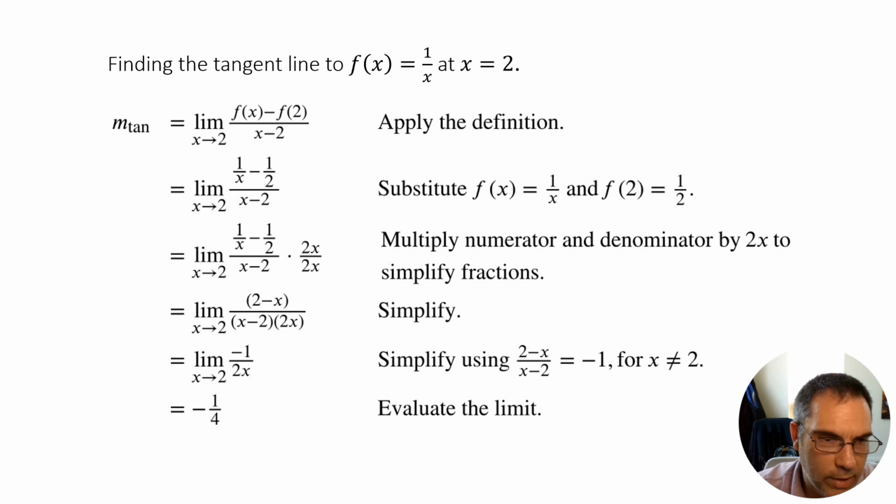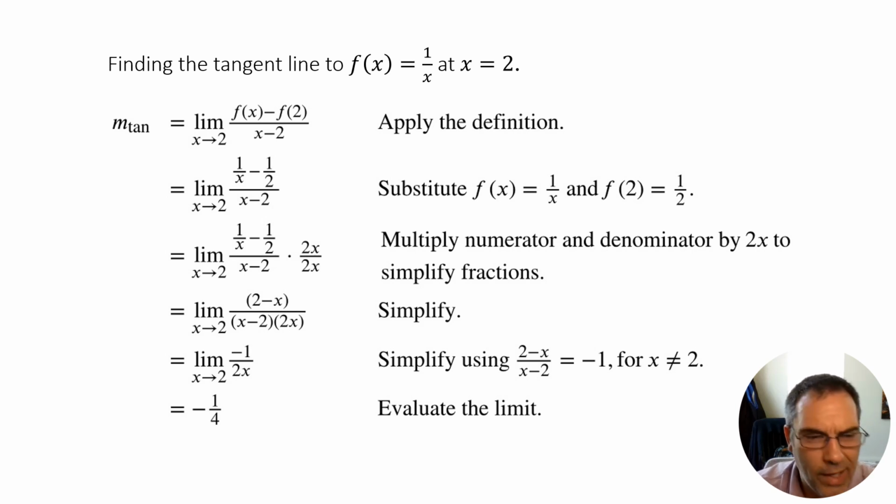Now, why this trick will help us is because 2 minus x divided by x minus 2 is really just negative 1, right? 2 minus x divided by x minus 2 is negative 1. And so we have negative 1 over 2x, and here we're at a place where we can just plug in 2 for x, and you have minus 1 over 4. That's our slope, minus 1 over 4.